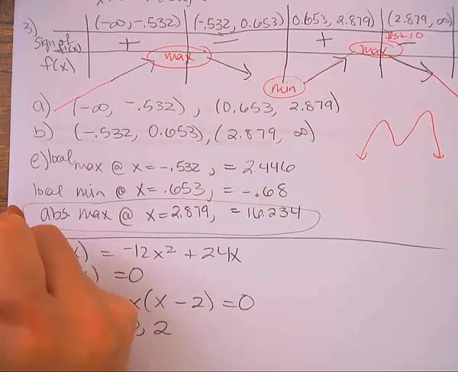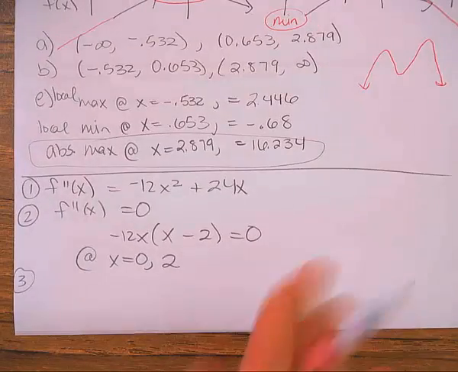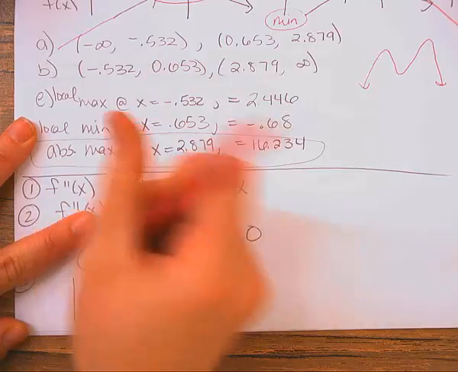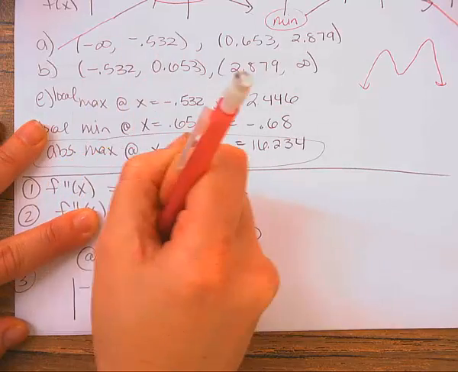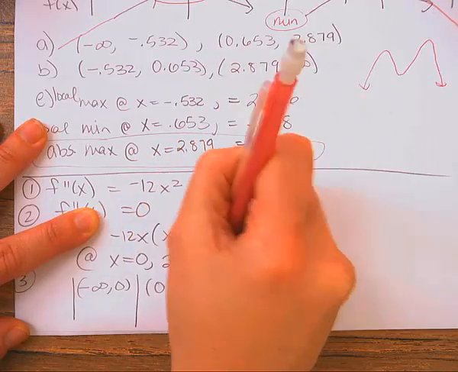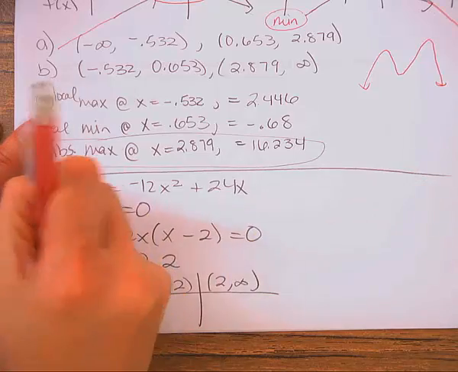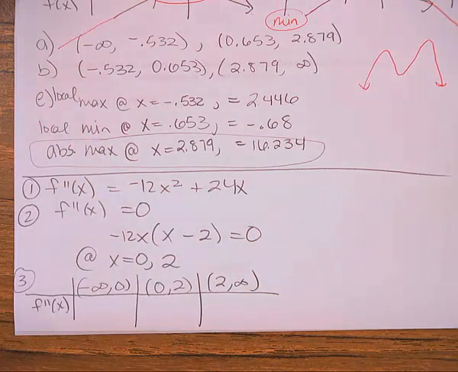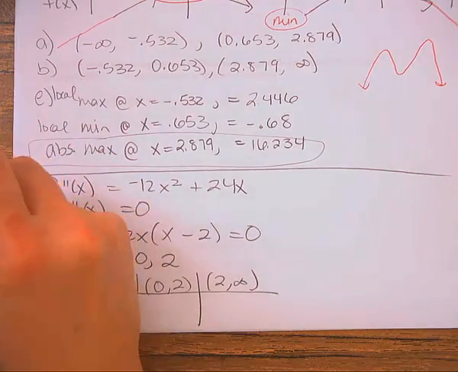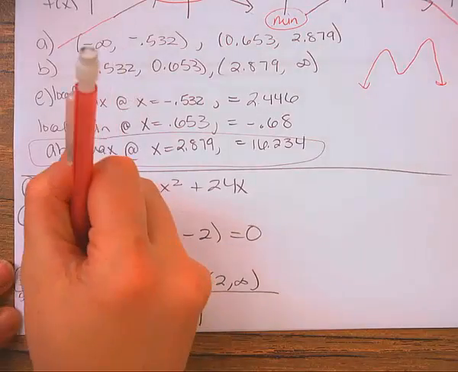And then I'm going to set up a sign chart over those values now. So I'm going to go from negative infinity to 0, 0 to 2, 2 to infinity. And I'm checking the sign now of the second derivative, because that will tell me where the function is concave up or concave down.